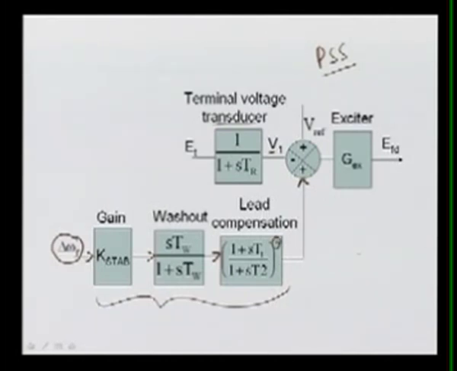The exponent n is taken as 2, meaning time constants T1, T2 and T3, T4 are used. This signal comes together with the reference voltage and the terminal voltage, and then we give another auxiliary signal to the exciter of the generator, and finally EFD goes to the generator terminal.